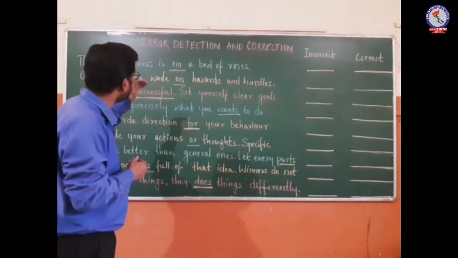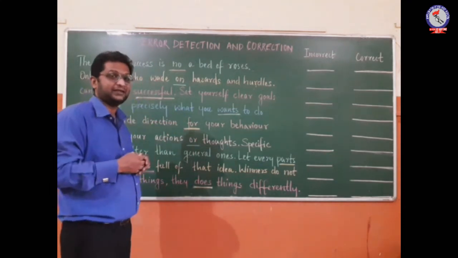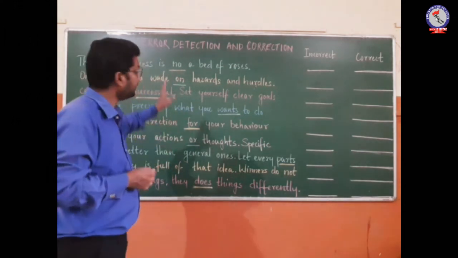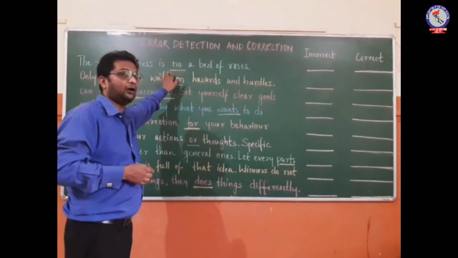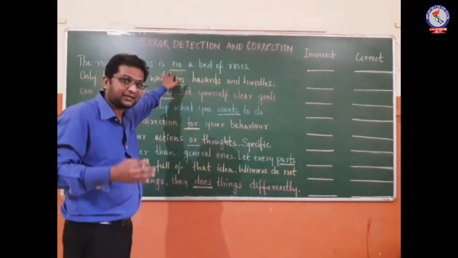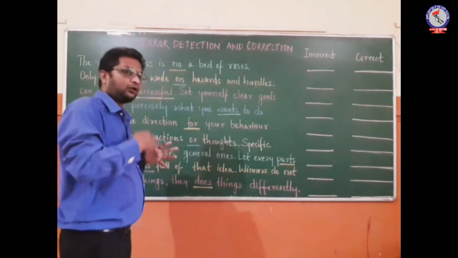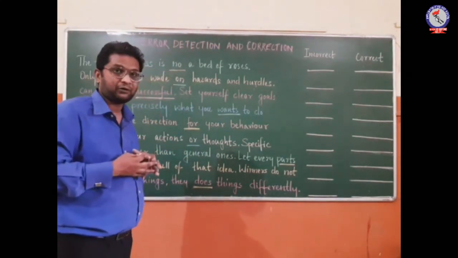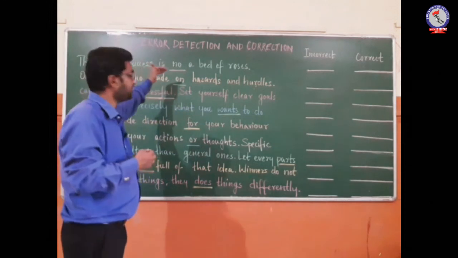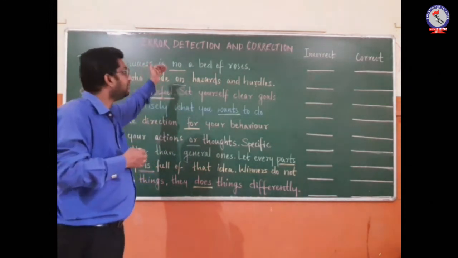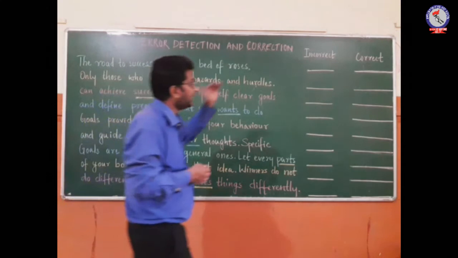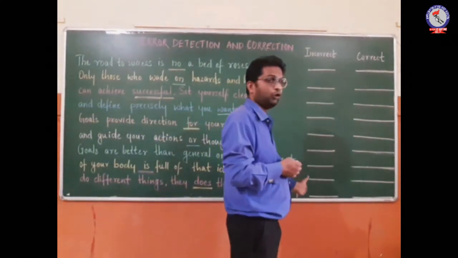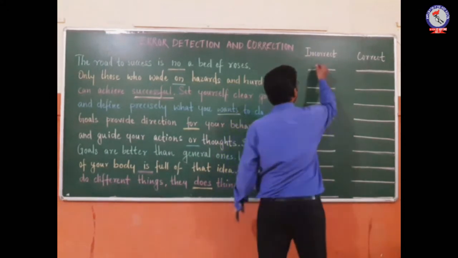It will not be "no", it is "not". So first we will underline the error. We will detect the error. Then we will replace that error. See here, "no" is identified as an error in this slide. So in the given space for the incorrect word, what will we write? No.